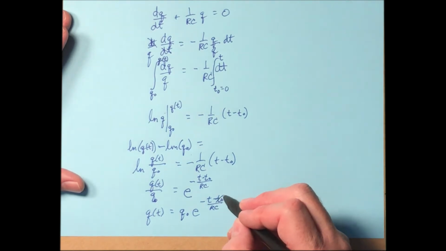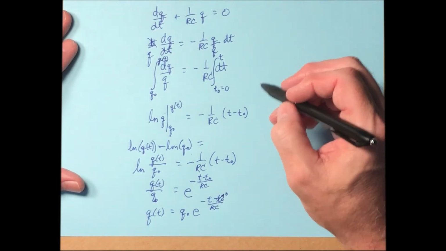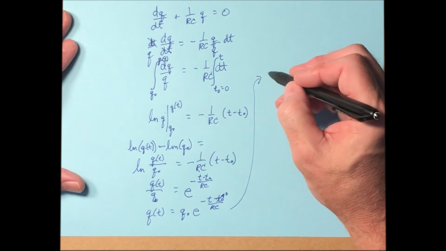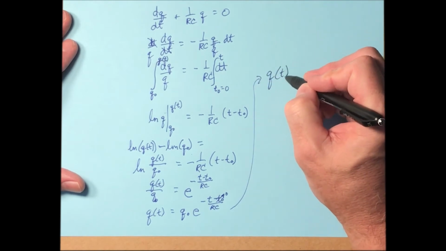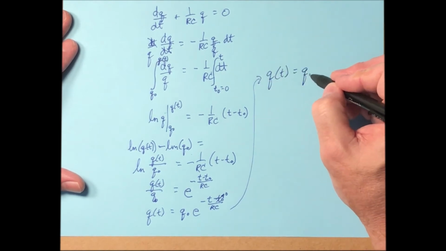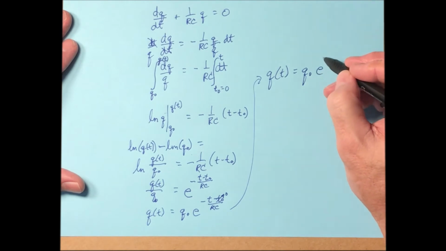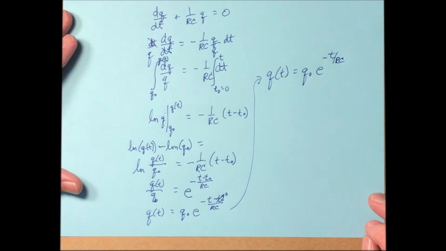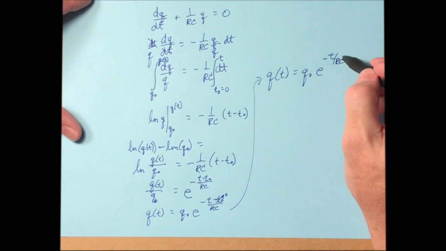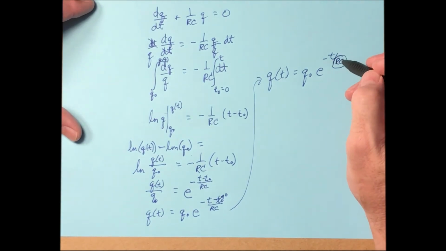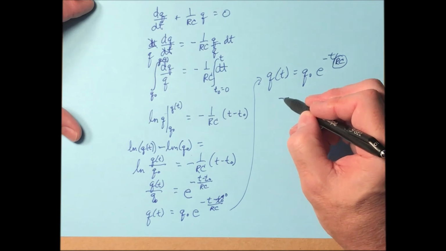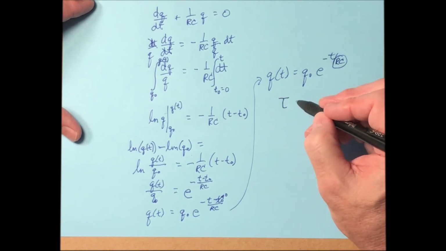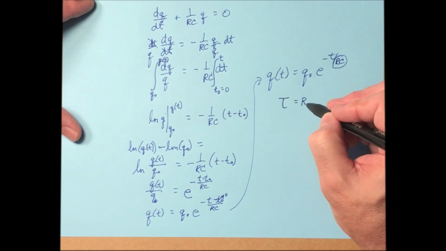So you plug in 0 right there, and you're finally left with Q of t is equal to Q naught e to the negative t over RC, like that. Now, oftentimes what you'll see is this RC right here is a time constant. It is abbreviated as the small Greek letter tau, and that is RC.